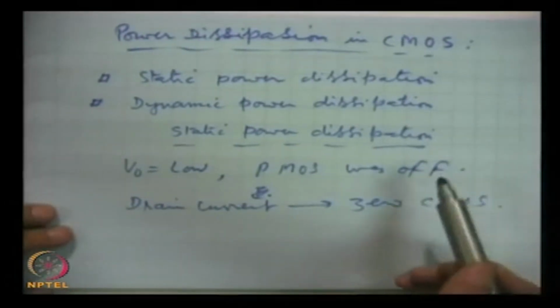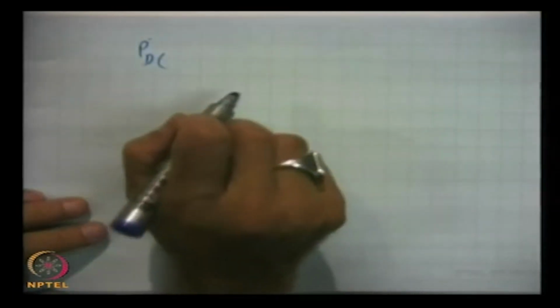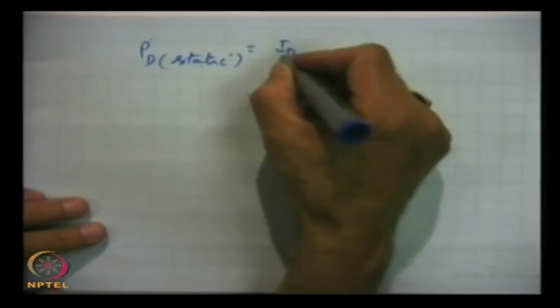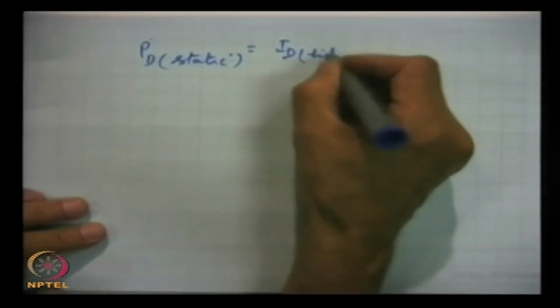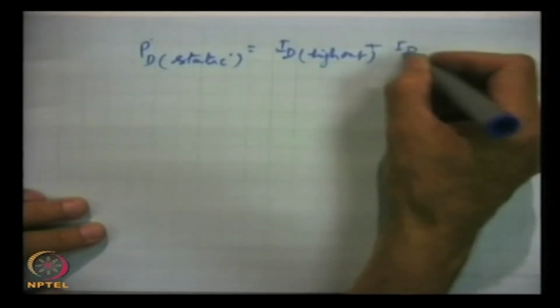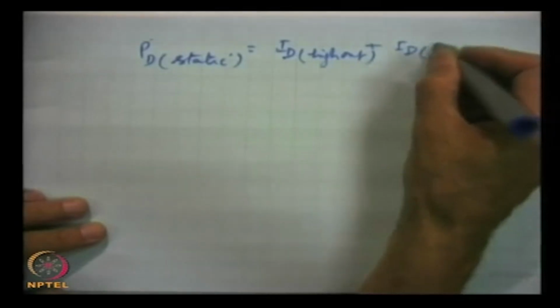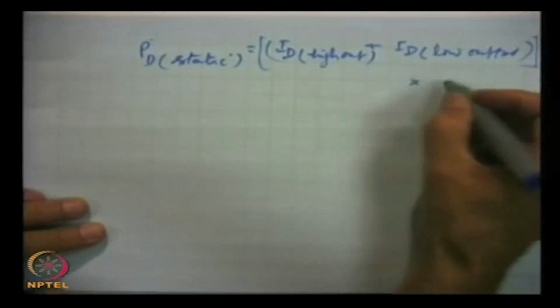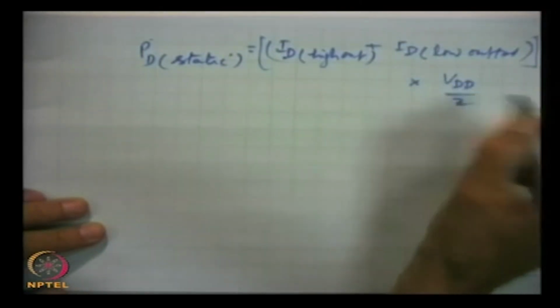So, the static power dissipation, power dissipation we write normally as PD static, is the drain current in the high output case, which was 0 as we know, and ID low output, in this case as well this was 0, multiplied by VDD by 2.